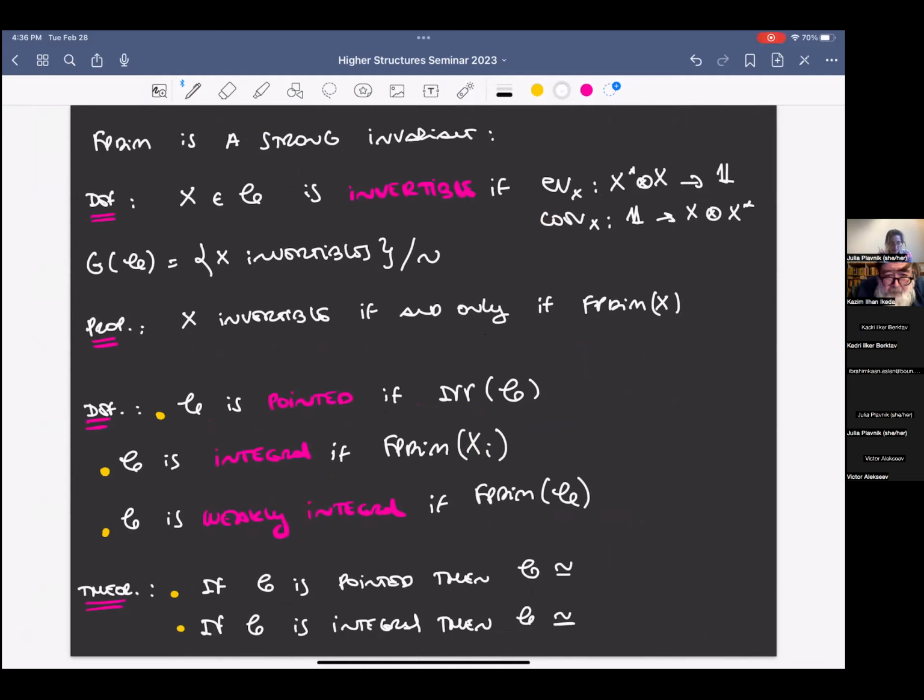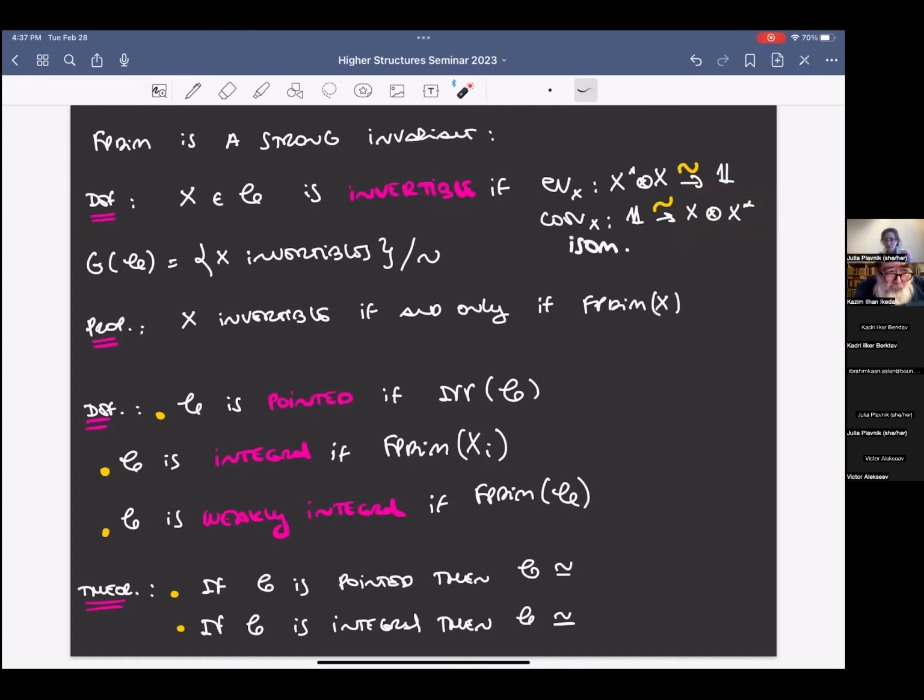For example, there are some nice things that you could ask of your objects. One, for example, is to be invertible. What's the definition of being invertible? Remember that we have these nice maps, evaluation and coevaluation. The object is invertible if these maps are isomorphisms, which makes sense with what we are asking, because we are saying that X has an inverse for the tensor product. It's just that it's not any inverse, it's always the dual.